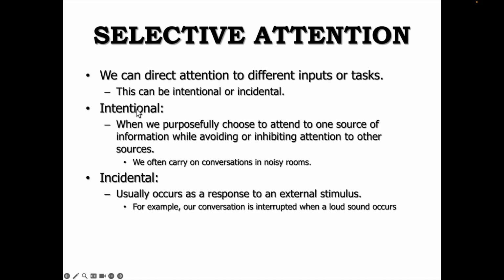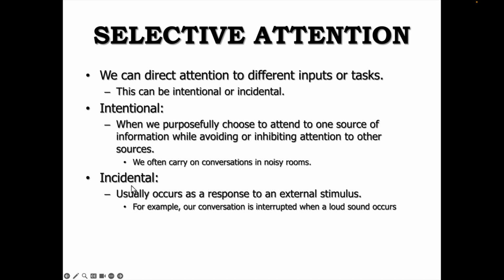An example of intentional selective attention is that we can have a conversation with somebody in a loud, crowded, noisy room. One reason why at restaurants you can still talk with somebody is because you can ignore the people talking around you. Essentially, intentional selective attention is purposely trying to focus on one thing while ignoring other things.